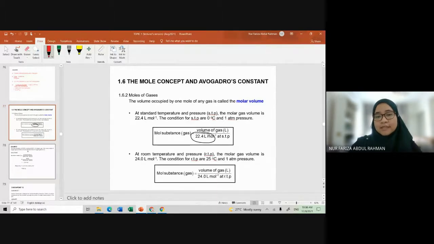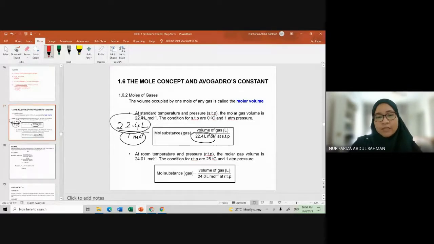And the value of molar volume at STP should be 22.4 liter. The unit is 22.4 liter per mole. That means 1 mole of a gas substance is equal to 22.4 liter. That is for STP.